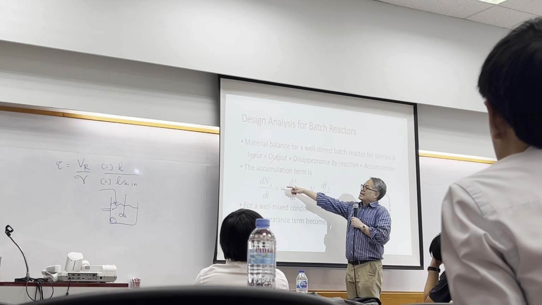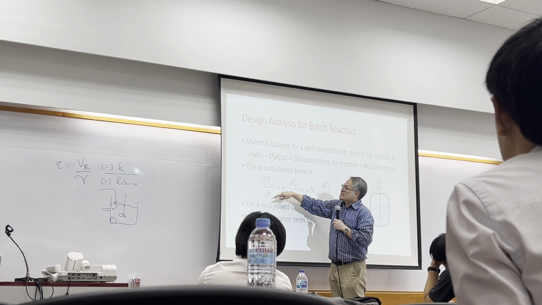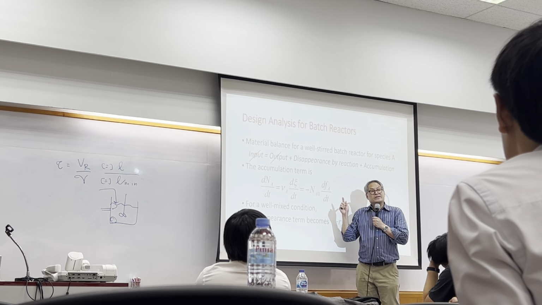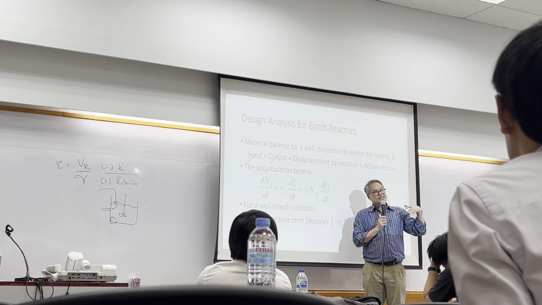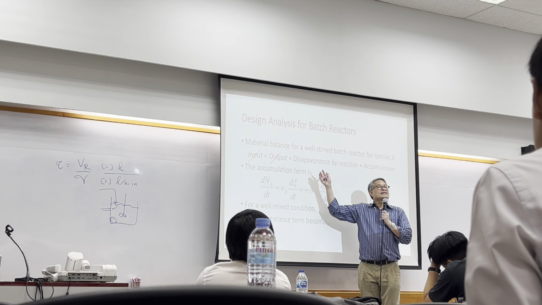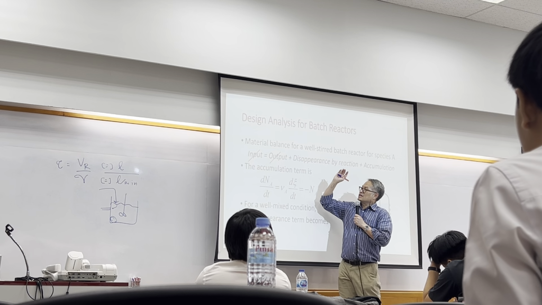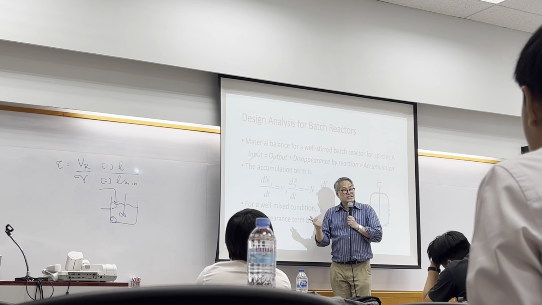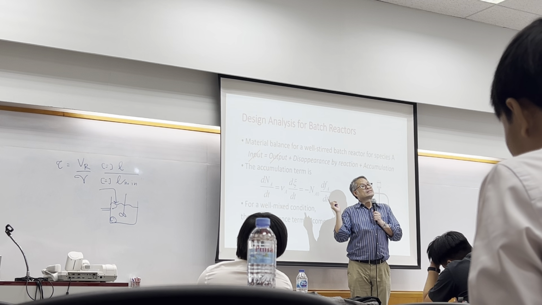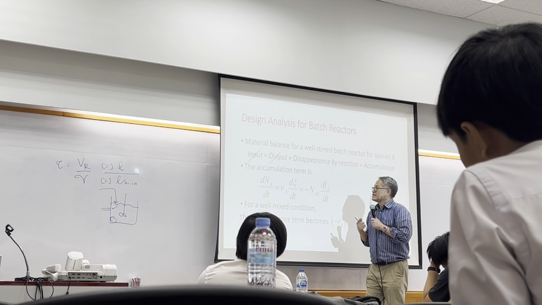Look at the accumulation term, d by dt of N_A. Usually we do a material balance for each species, and here we assume the reactant is A. So it's d by dt of N_A, the change of the number of moles inside the tank per time.